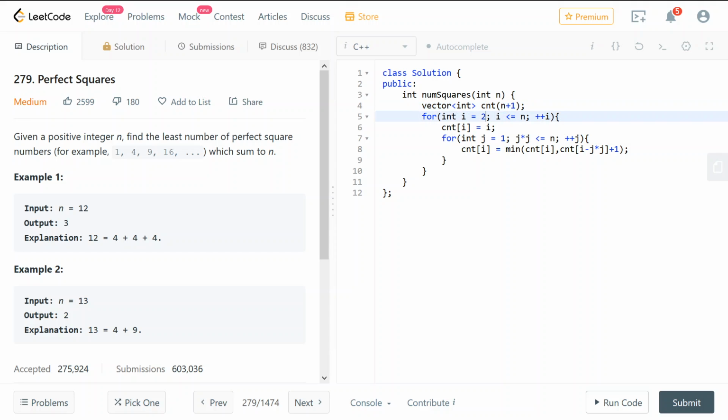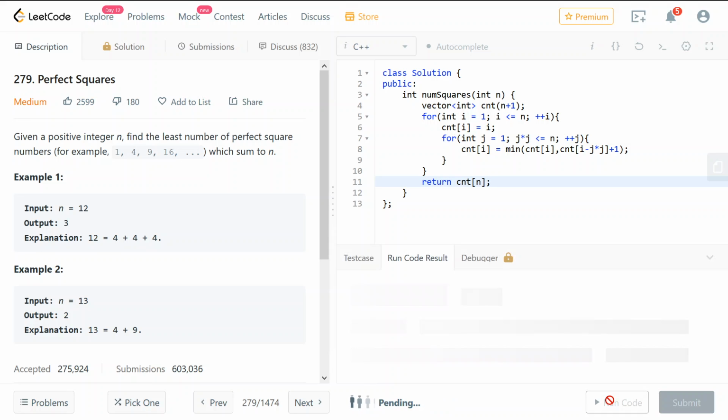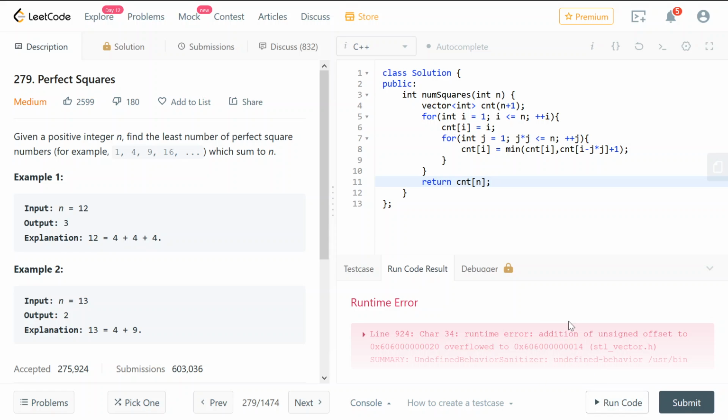And here, as we initialize everything as 0, we need to work for n equals 1 as well, and I think that's done. And we should return the value for n, the minimum number of perfect square numbers.